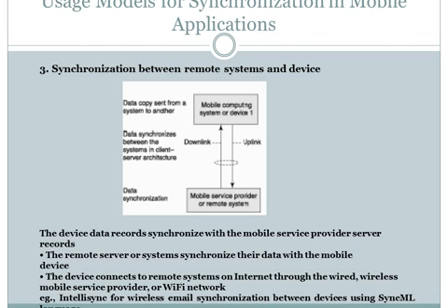So in the third usage model, the synchronization is between a remote system and device. Obviously whenever a server, that's a mobile service provider, is at a remote location and the device wants to connect and synchronize with that server, it could happen through an internet connection.